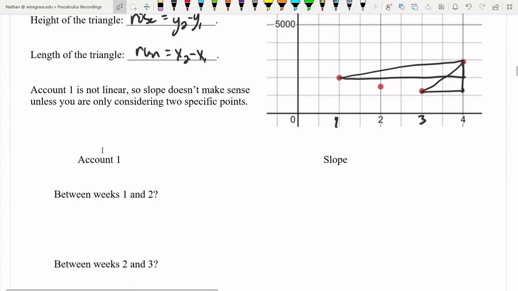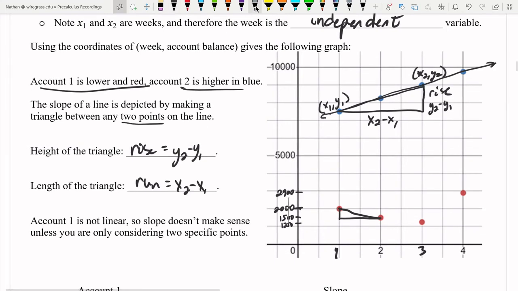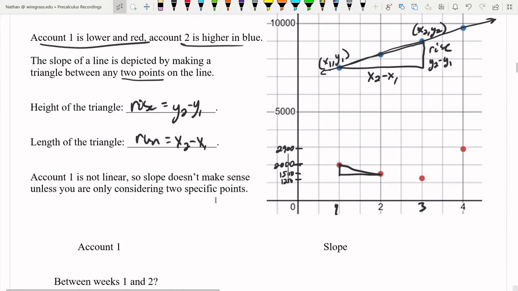So if we look at the slope between week 1 and week 2, that's going to be this triangle here. Okay, so just labeling those y values so it's easier to see what we're looking at. This rise is between 2,000 and 1,500, so it's going to be a $500 rise.